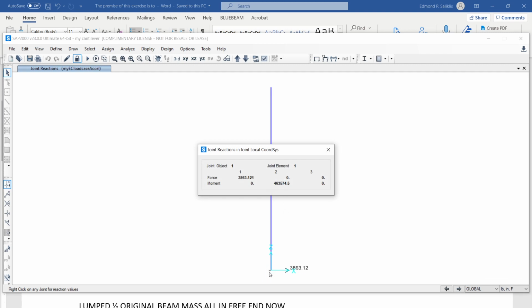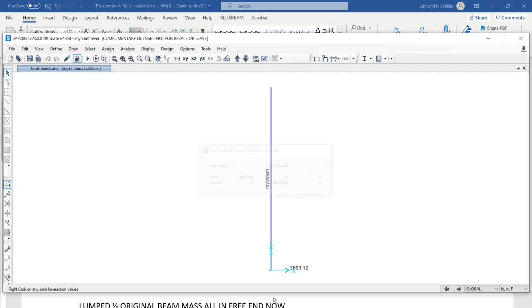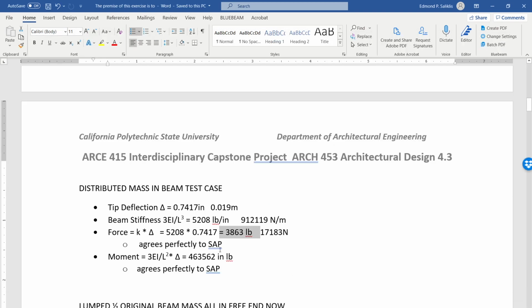And you could right click on this and then you get the moment, M22. Put your thumb coming out of the page. M22 is your thumb. That is the bending about the y-axis. X is horizontal, Z is up. Y is coming out of the page. So it's 463,574, and the force is 3,863.